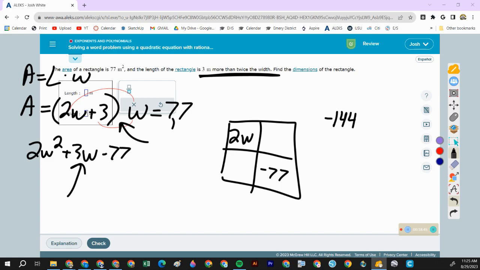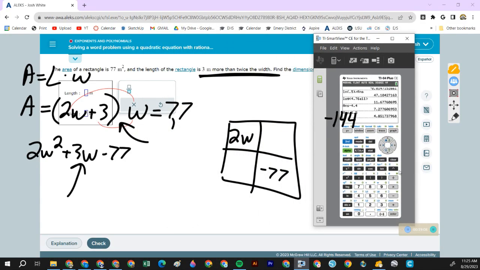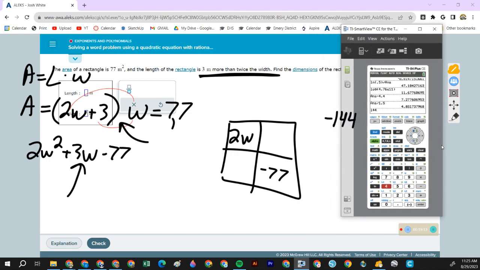So 1 and 154, 2 and 77, 3 and some number. Let's get a lot bigger. I guess I could use my calculator. Let me pull this over. All right, so let's try 154 divided by 8. That didn't work. 154 divided by 9.